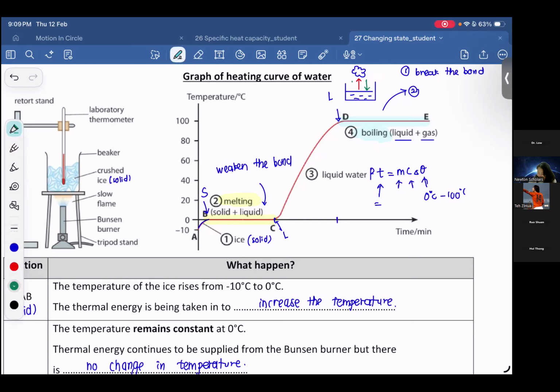It's not easy to escape out. Can any of you tell me what is pressing on the surface of the liquid? Angeline?